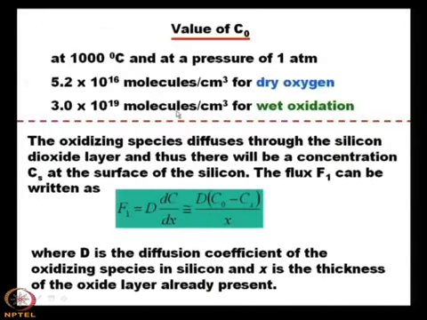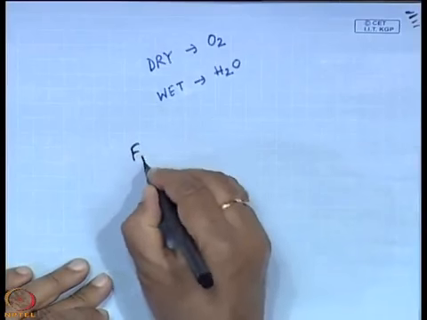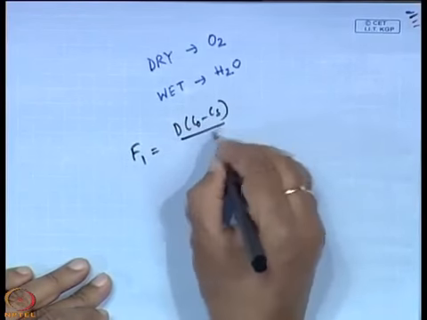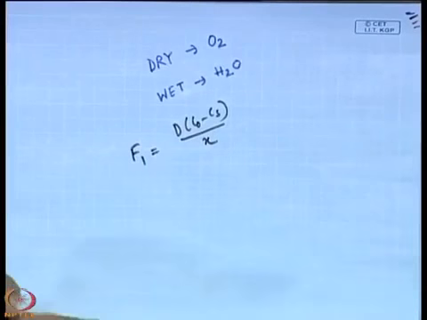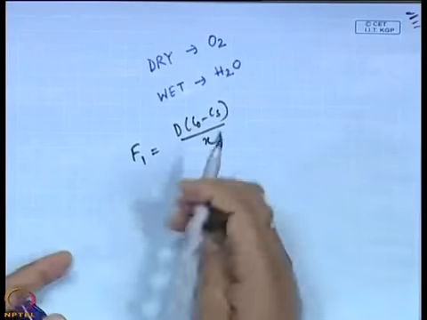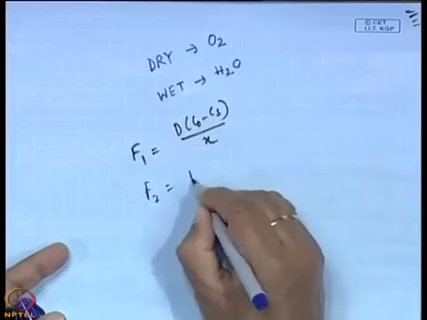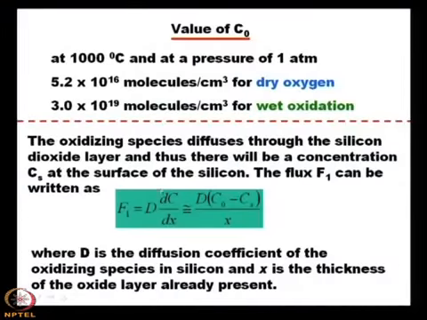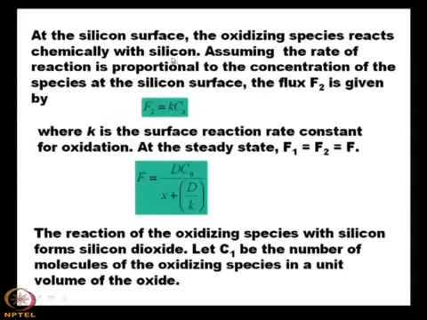So, we find that F1 we can write as D times (C0 minus Cs) by x, and F2 as K into Cs. This Cs is the concentration at the surface of the silicon. Then what is K? K is the surface reaction rate constant for oxidation.